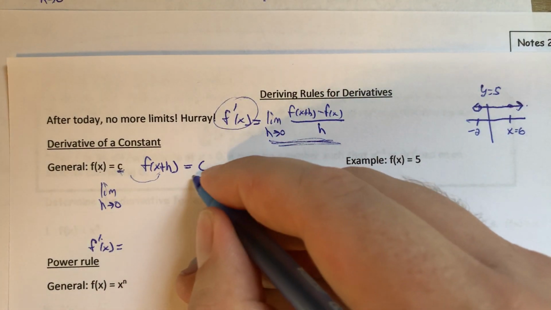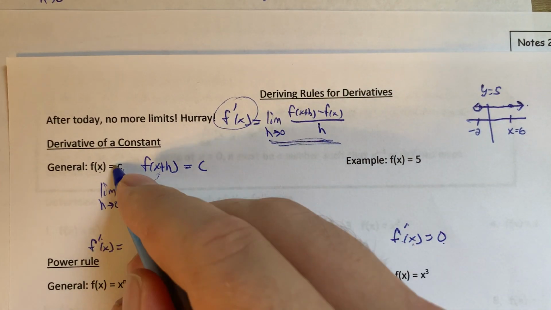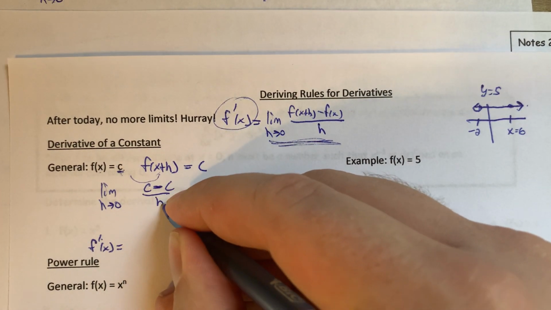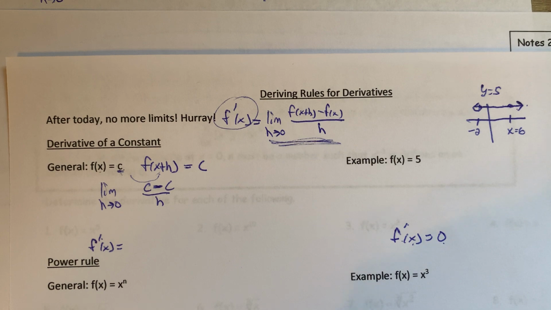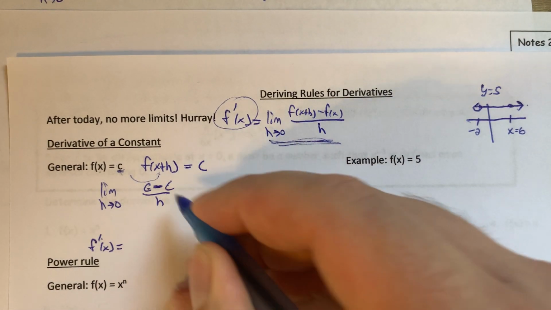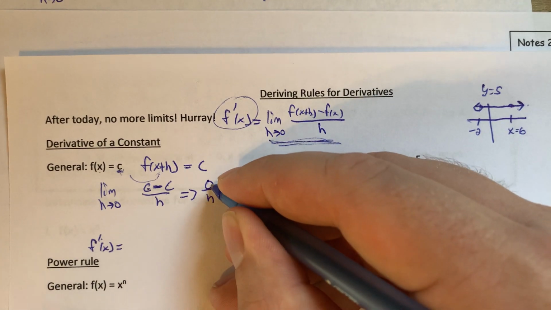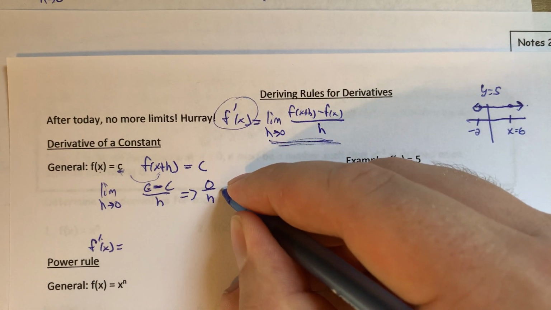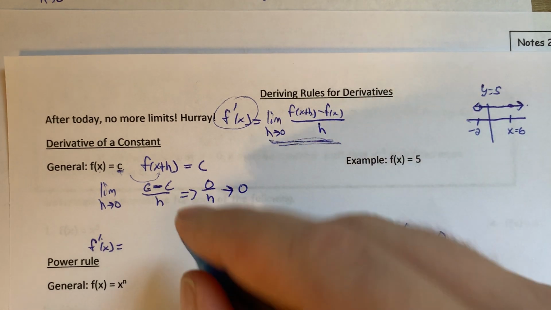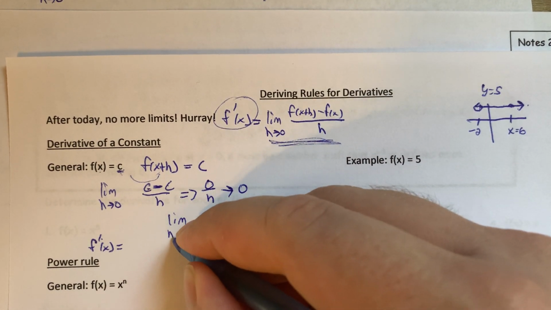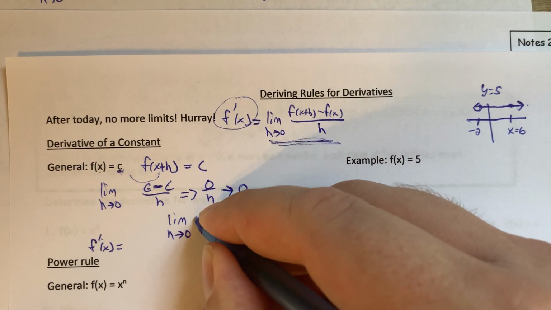Well, f of x plus h is c, minus f of x is c, over h. And we need to simplify. What can we simplify here? c minus c is 0, and 0 divided by h is 0. And so we're doing the limit as h goes to 0 of 0.